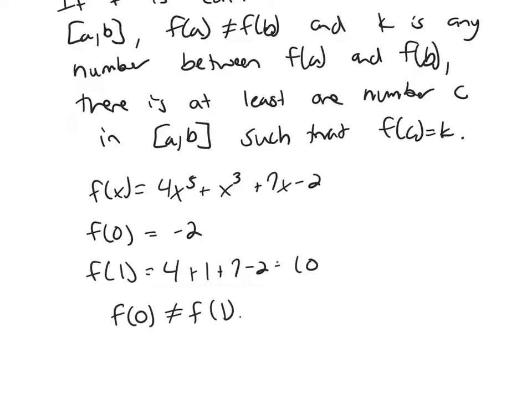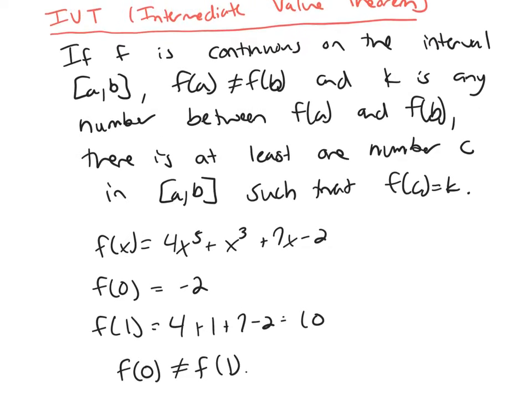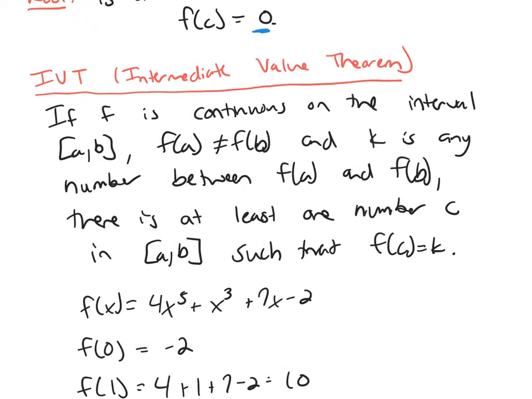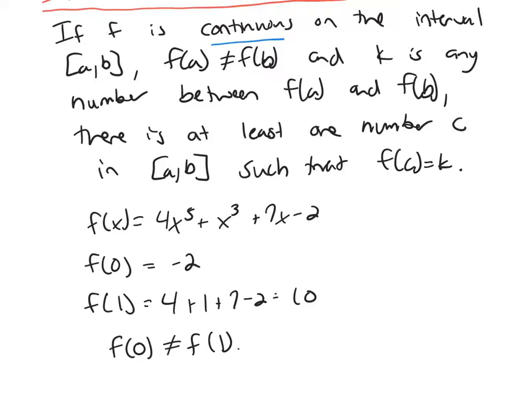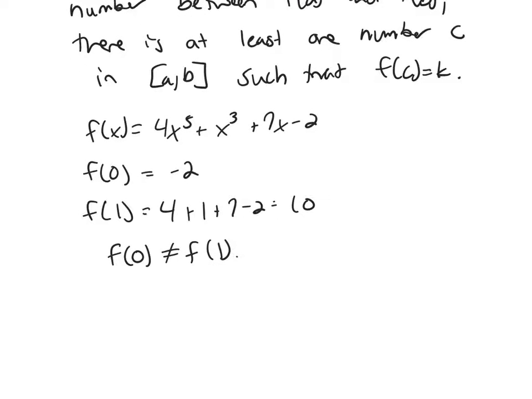So it looks like I can use the intermediate value theorem. The one thing we need to make sure is that our function is continuous on this interval. Well, again, I have a polynomial. That means f is continuous everywhere because it is a polynomial.